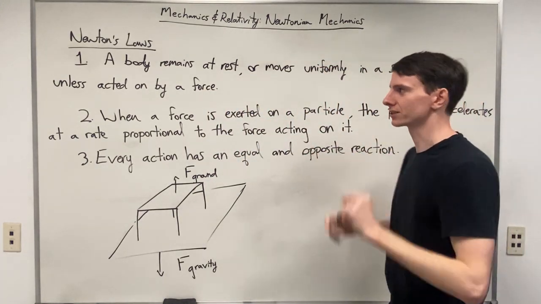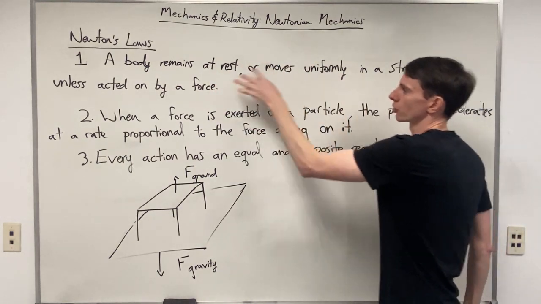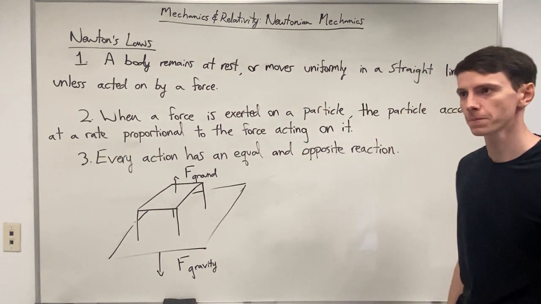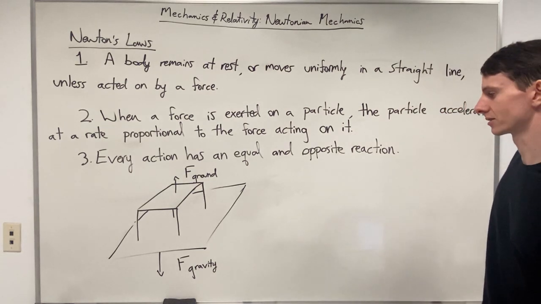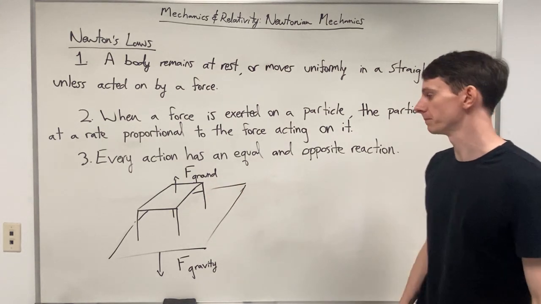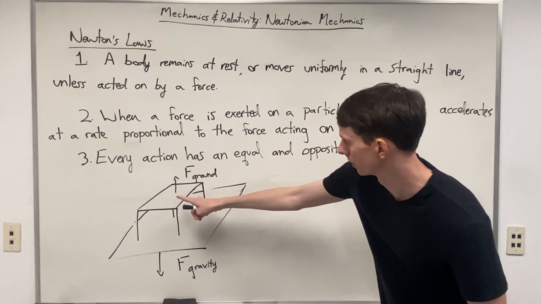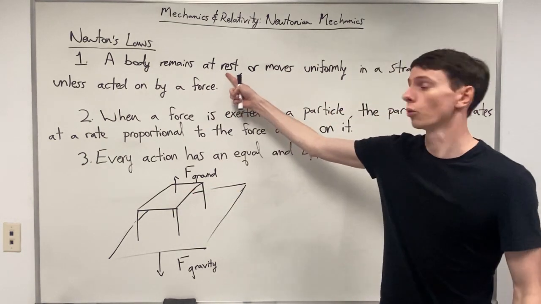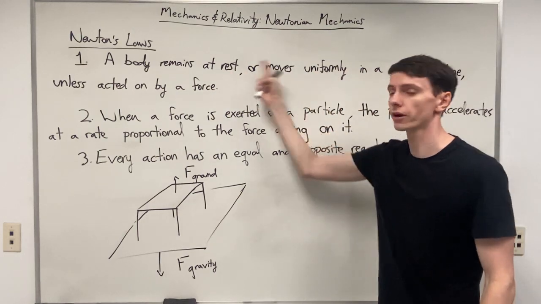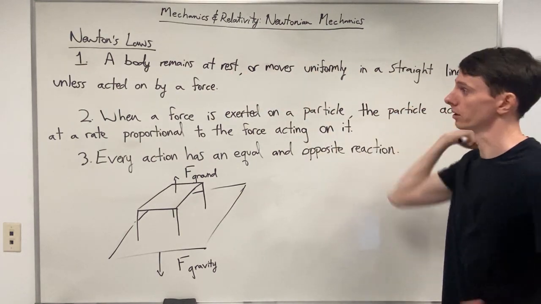But if it is acted on by a force, then these two things aren't going to apply, right? And it's that second part that's not quite the case. This is a good example of it, because this is an instance where the particle, the table, is at rest. So it's in the first of two scenarios, but it is acted on by a force.